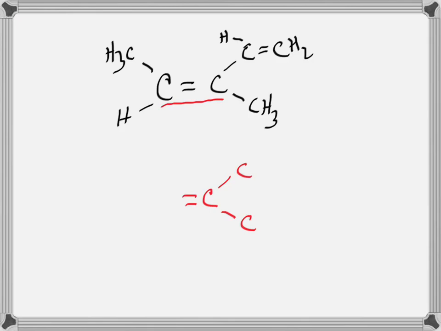And so for that, I'll change the color just so we can see exactly what bonds we're looking at. And so the lower one, the methyl group there, would have 3 hydrogens attached to it. And so we draw it like that, so it has 3 H's. The top carbon has a hydrogen attached to it, and then notice it has a double bond to carbon. The way we do this, though, for determining priorities, is we count those 2 bonds separately, and so we would count them like that.